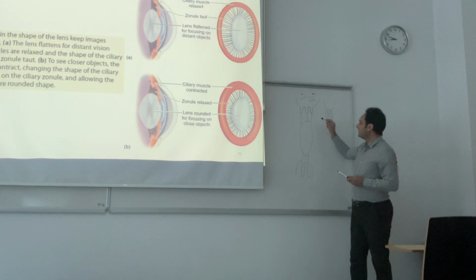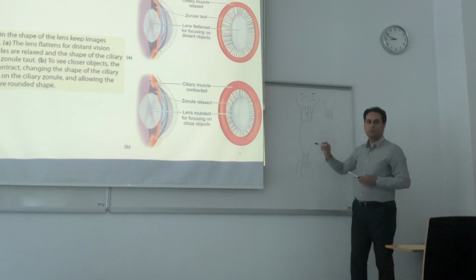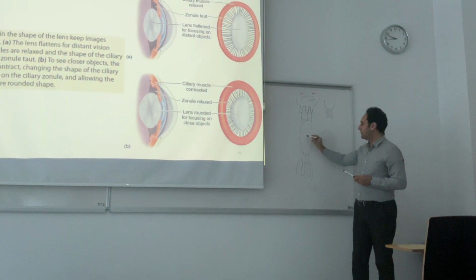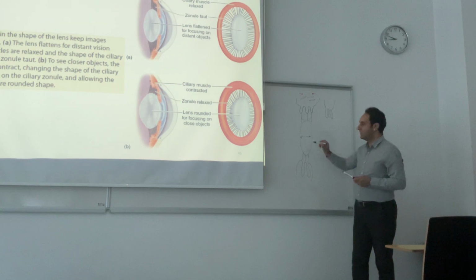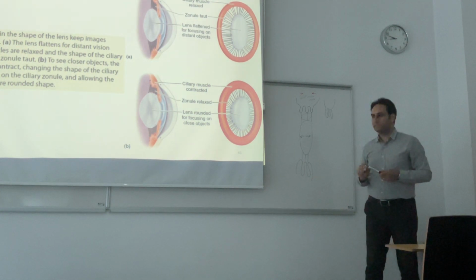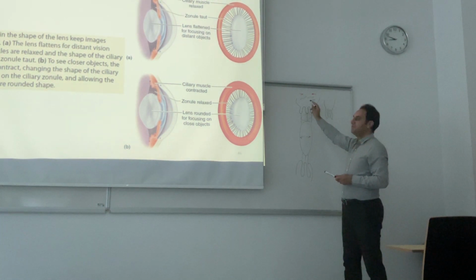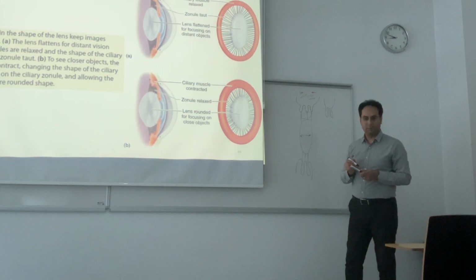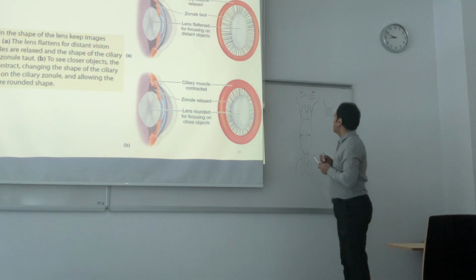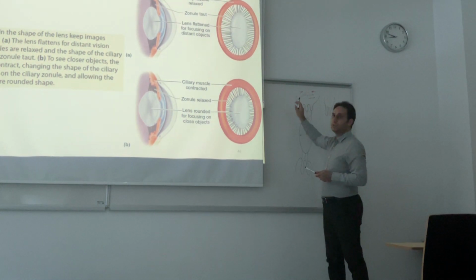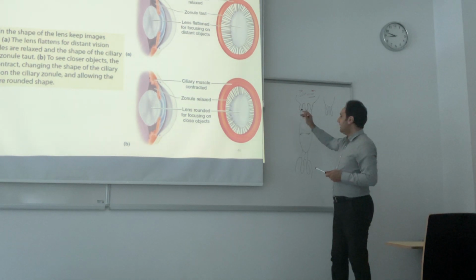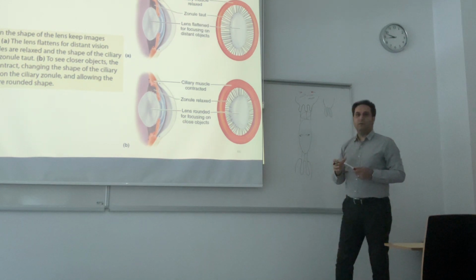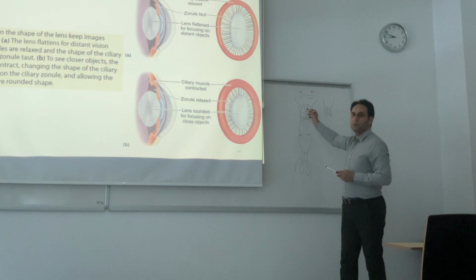Because of this, the zonular fibers relax and the lens increases in thickness. But if these muscles go to relaxation, the tonus of the muscles decreases, and with this decrease, the length of the ciliary process decreases.